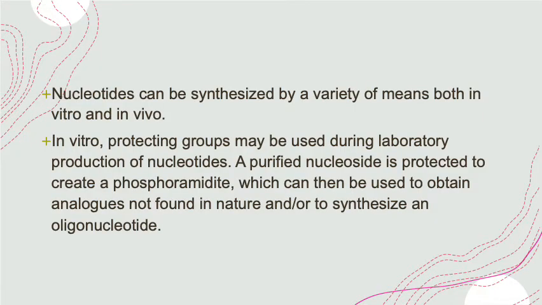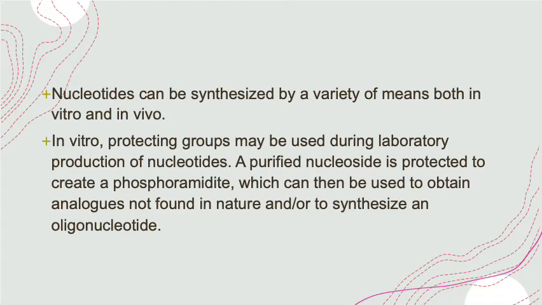Alright, so first of all, we're going to talk a little bit about nucleotides. Nucleotides can be synthesized by a variety of means. This is going to be both in vitro and in vivo. So as far as the in vitro, this is going to be referred to as protecting groups that may be used during laboratory production of nucleotides.